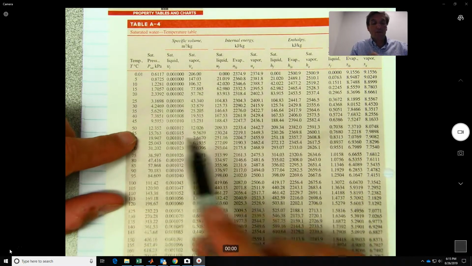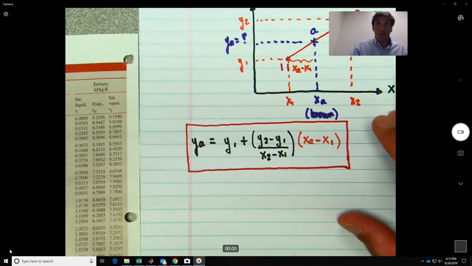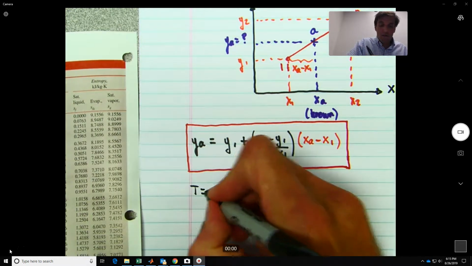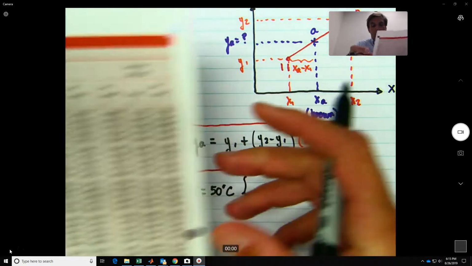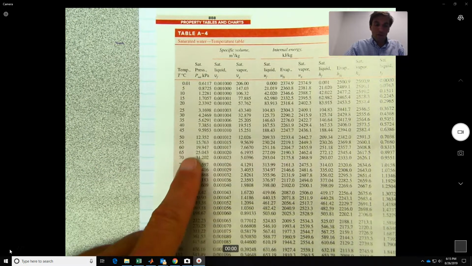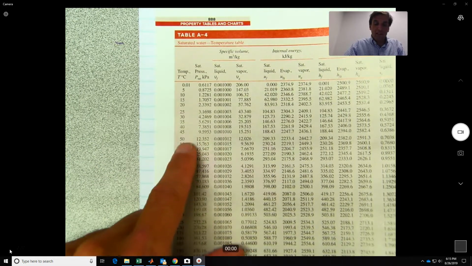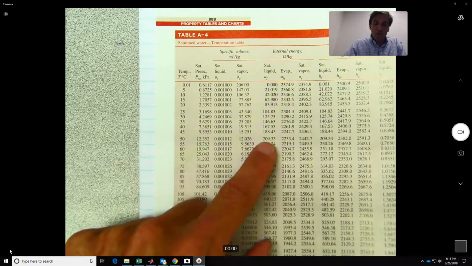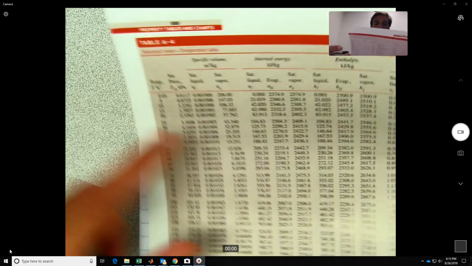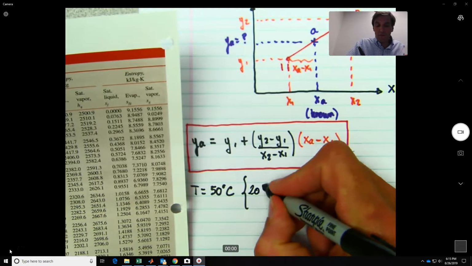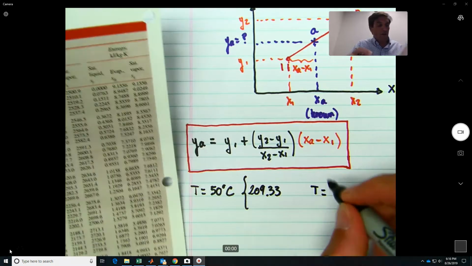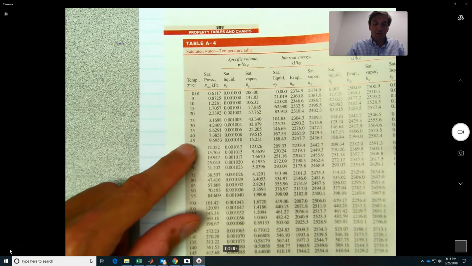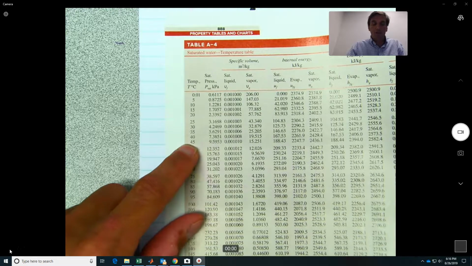So if you look at the value at T equals 50 degrees Celsius, what do we know? We're trying to find u sub f. We know u sub f will be equal to 209.33. We say 48, so the other one we need is 45. Maybe I should have done it the other way around, but it doesn't matter.